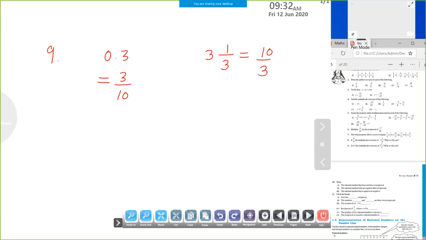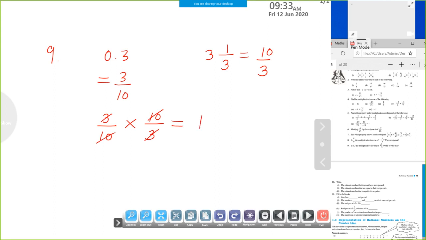Now what do we have to check? The 3 by 10 and 10 by 3. Are they the multiplicative inverse? So I'm going to find the product of these two numbers. As we did for the previous question, we find the product and check what answer we are getting. I can cancel the 10 in the numerator and denominator, and 3 here.